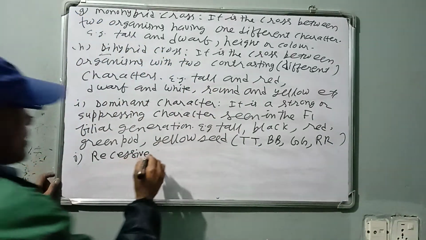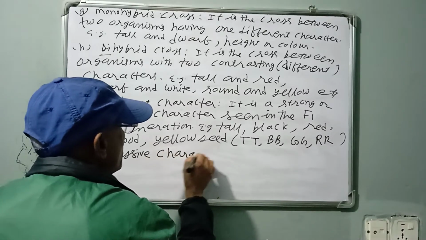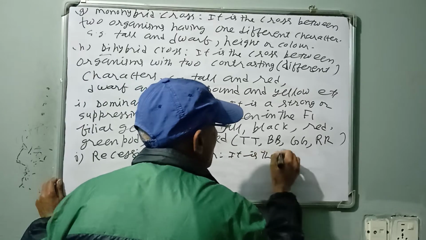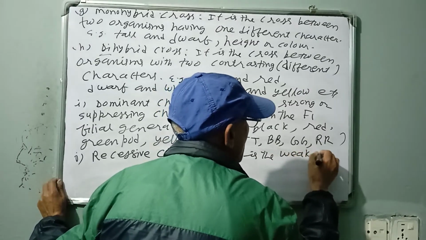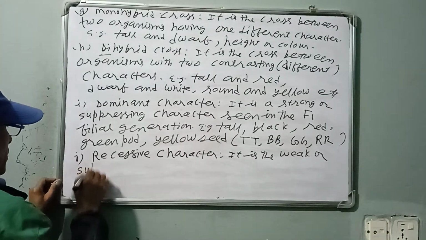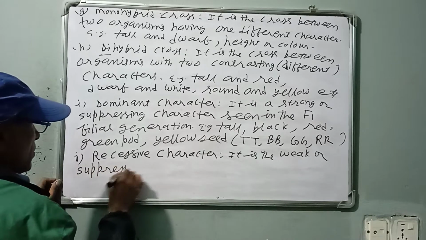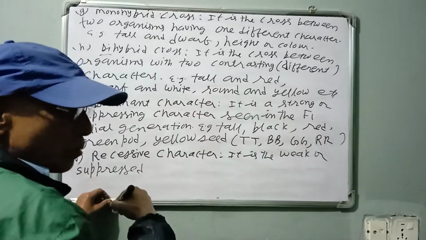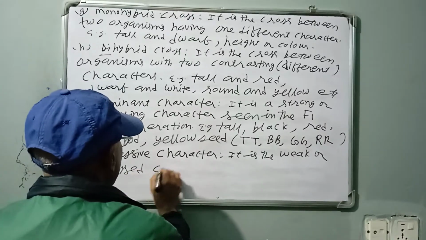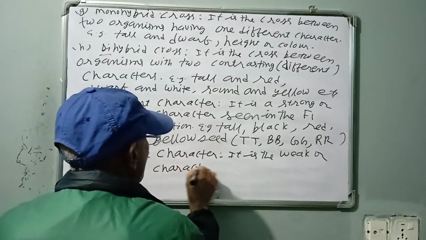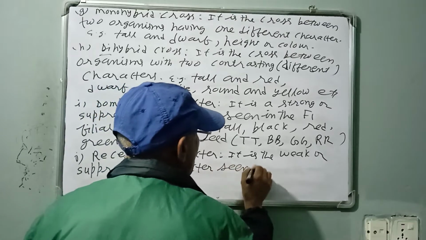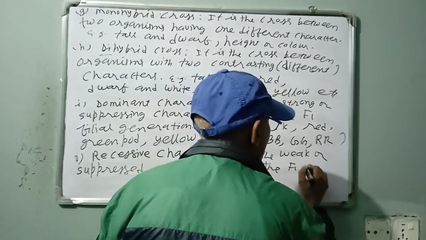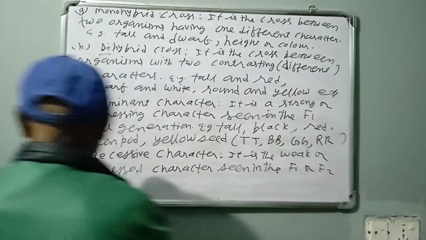Generally, recessive character is the weak or suppressed character, suppressed by the dominant, seen in the F1 or F2 filial generation.